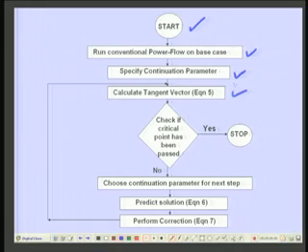The next step is calculate tangent vector, for which the equation has already been specified. Next is, you have to check whether you have reached the critical point or not. If you have reached the critical point, you stop there.